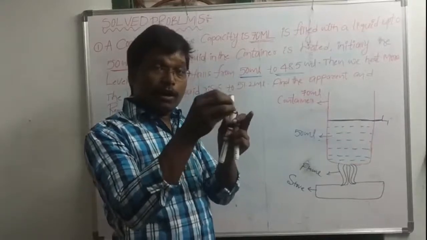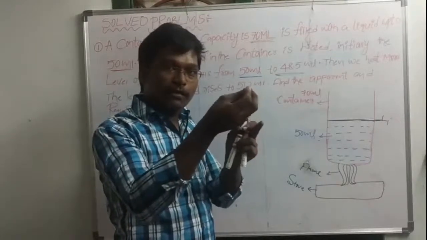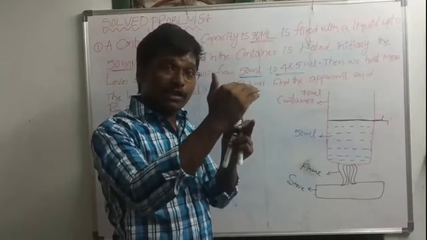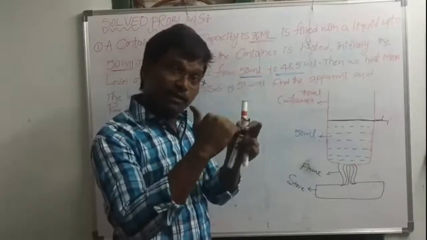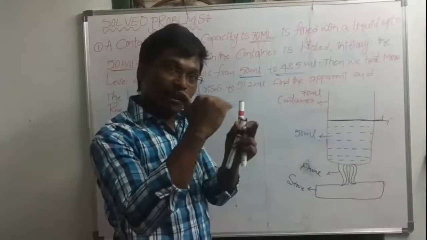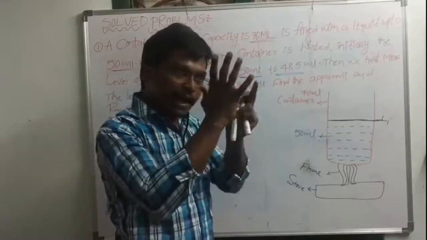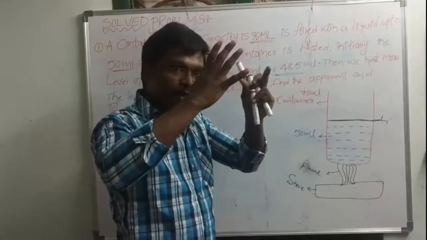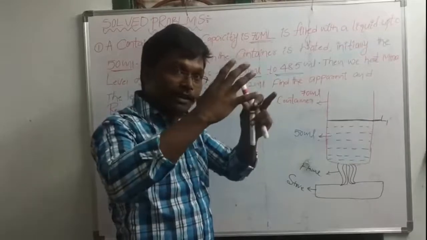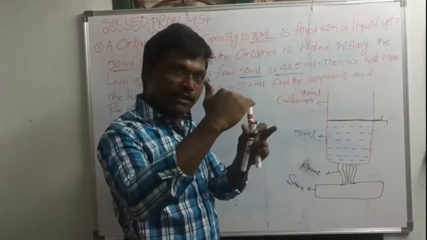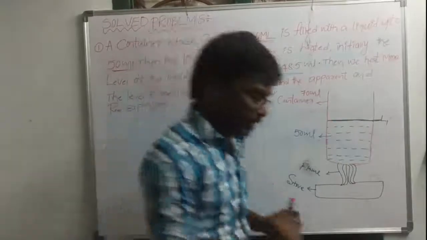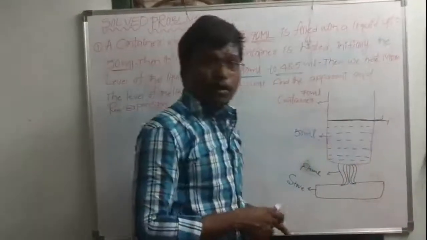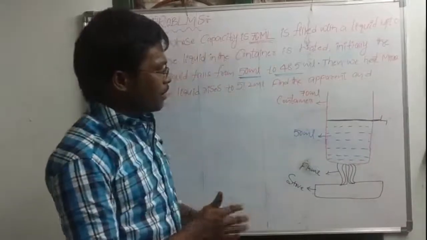Whenever you apply heat to that container, initially the liquid level will decrease. For what reason is the liquid level decreased? Because the container is expanded. So due to the container's expansion, the liquid level is decreased. Correct? Like that, here also it is the same.